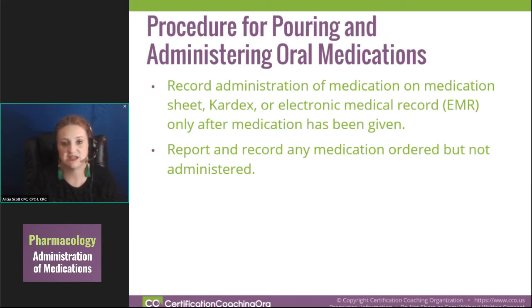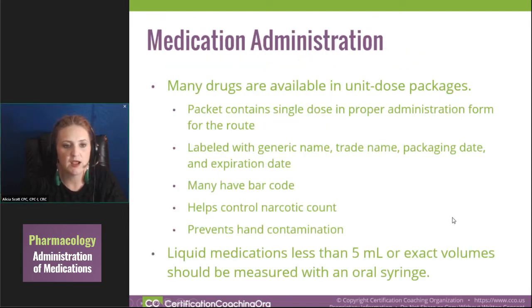The next shift comes in, the meal tray's taken out, and there's their antibiotic dose from that morning's breakfast that they should have had. Messes everything up. So you do not put in either the Cordex, which again we don't use too much, or electronically, that you've given the medication until it's actually been administered, and you watch them take it if it's something oral. If they don't take it, you've got to document that they didn't take it and why they didn't take it.